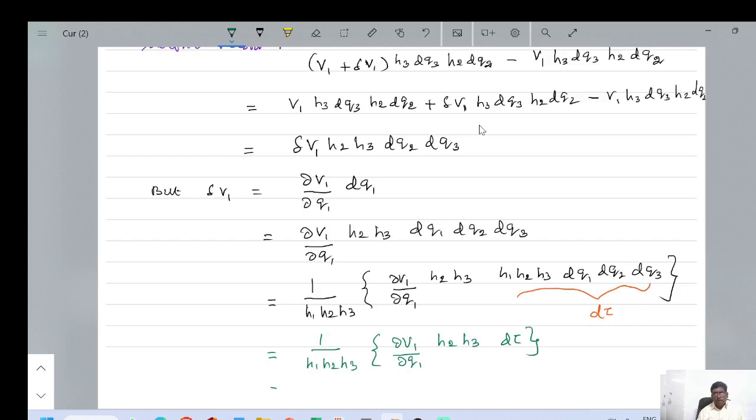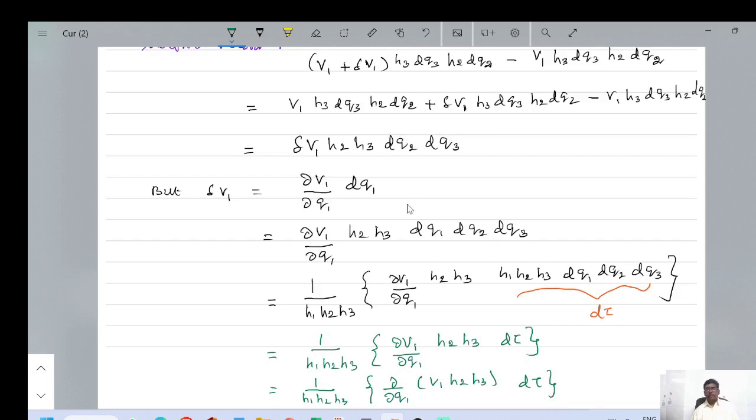This is further modified as 1 by h1 h2 h3 dou by dou q1 of v1 h2 h3 into d tau.